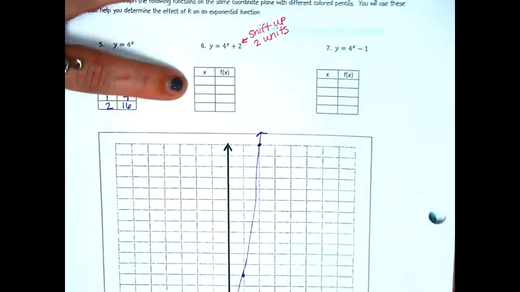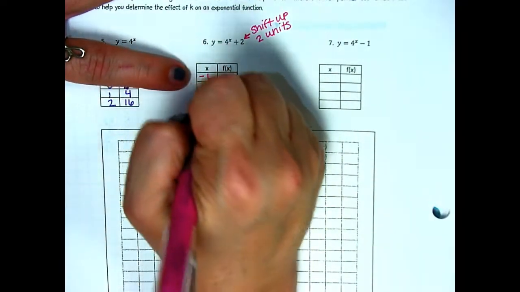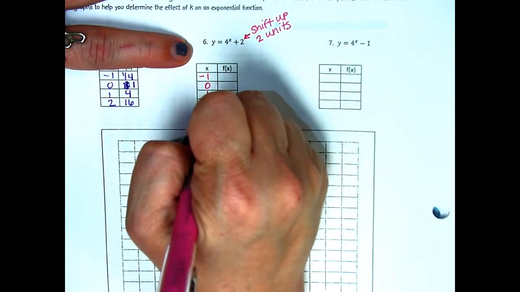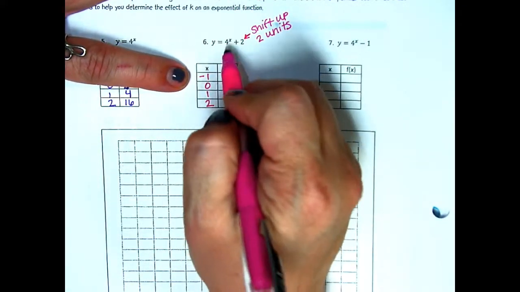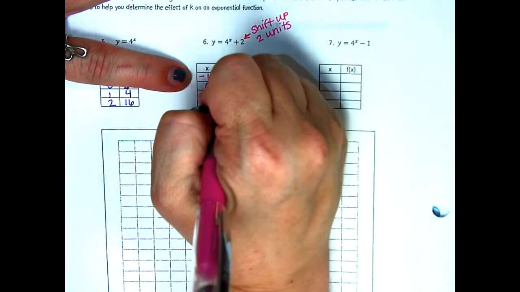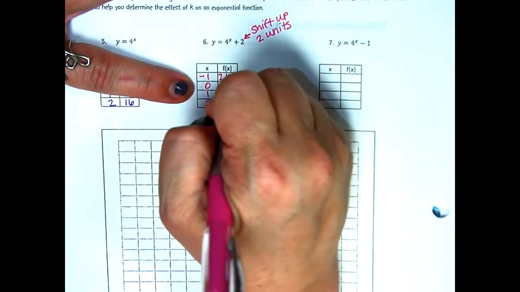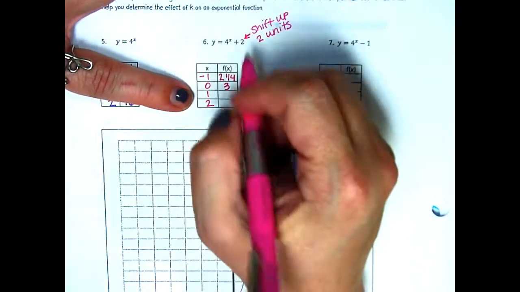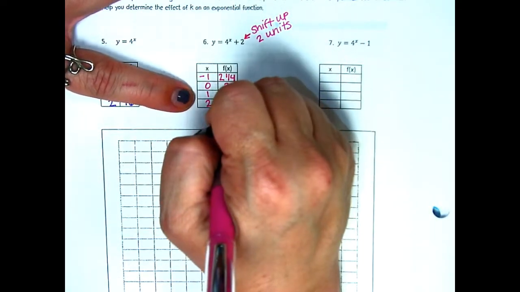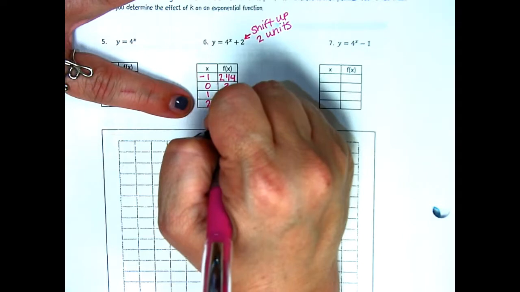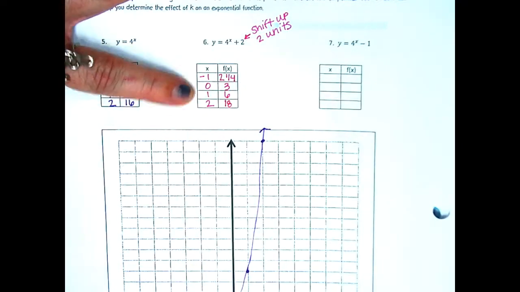So I'm going to go ahead and use the same domain. So I'm going to do -1, 0, 1, and 2. So if I fill a -1 in there, I get 2 and 1/4. When I put 0 in, I get 3. If I plug a 1 in, I will get 6, and 2 gives me 18.